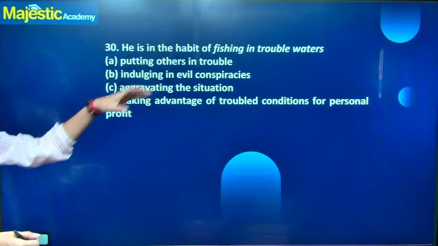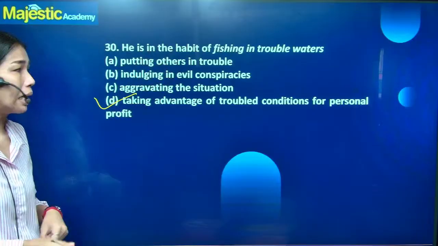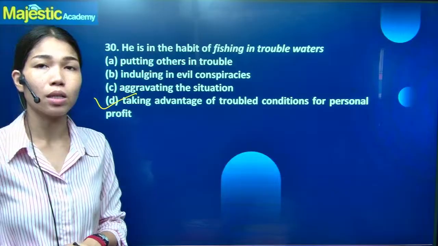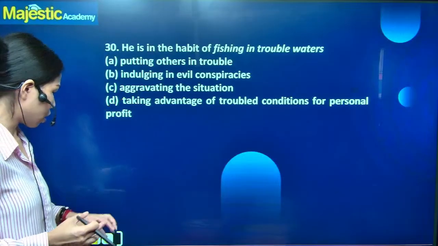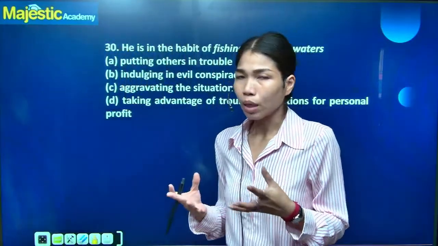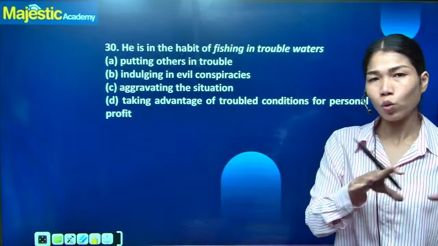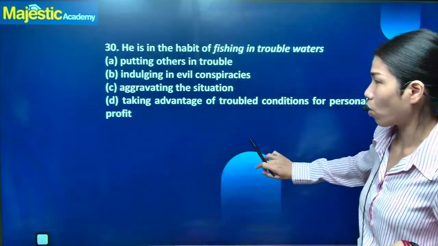So the meaning of that idiom, fishing in troubled water, is option number D, taking advantage of trouble condition for personal interest. ठीक है? So हर कोई जैसे कि बहुत इसको opportunist नहीं बोल सकते, but sometimes people they find everywhere खुद के लिए. ठीक है? So this is more on a negative point instead of positive point.